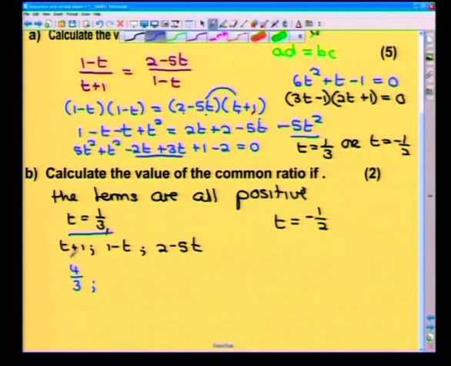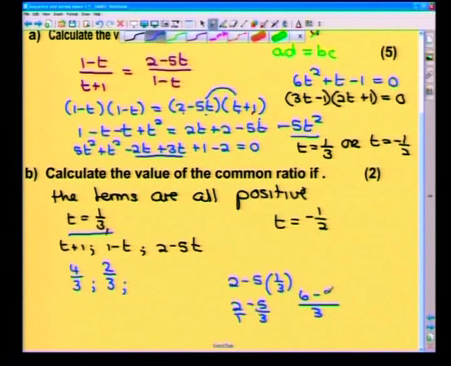It's always easier to work with fractions that are top-heavy because they're easier to follow when you're subtracting. Now it's 1 minus 1/3, which will give me 2/3. And this one is going to be 2 minus 5 times 1/3, which is 2 minus 5/3. And if we put that over a common denominator, it's going to be 6 minus 5, which is going to be 1/3.